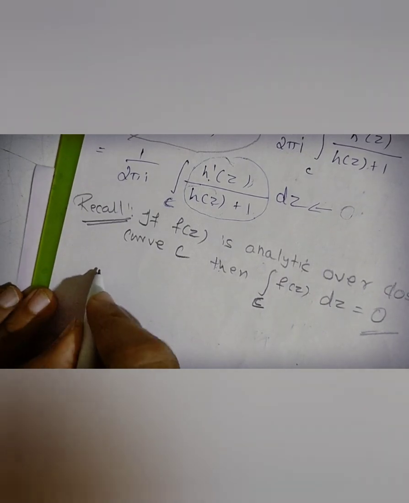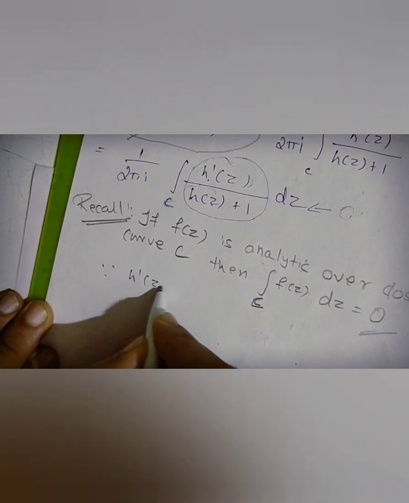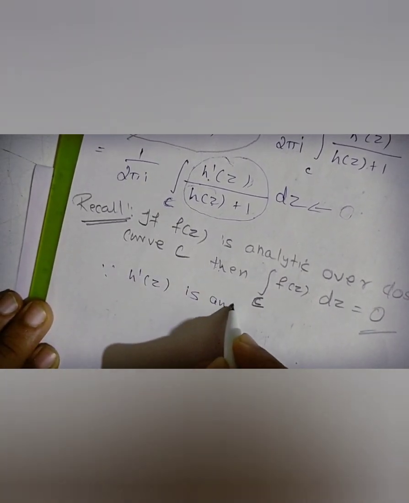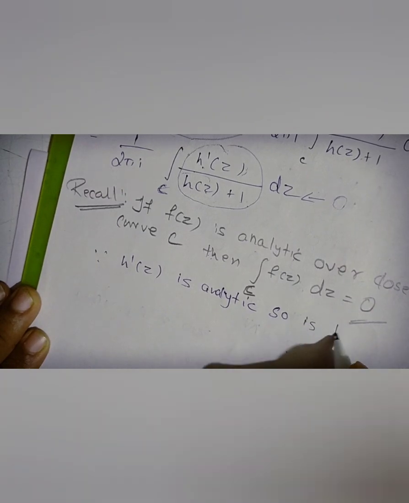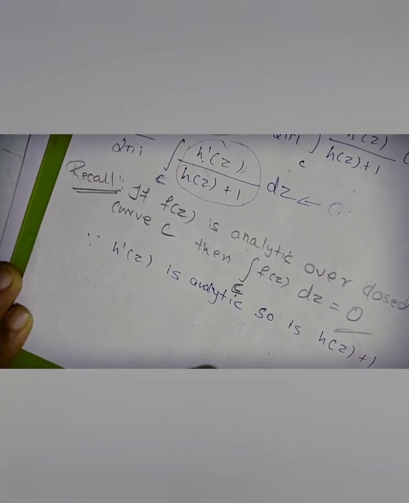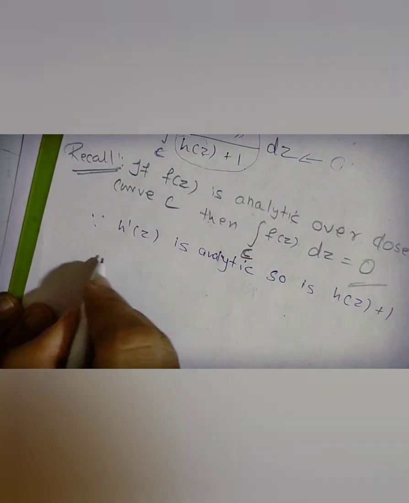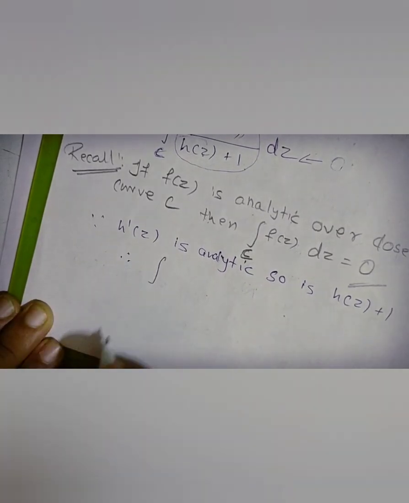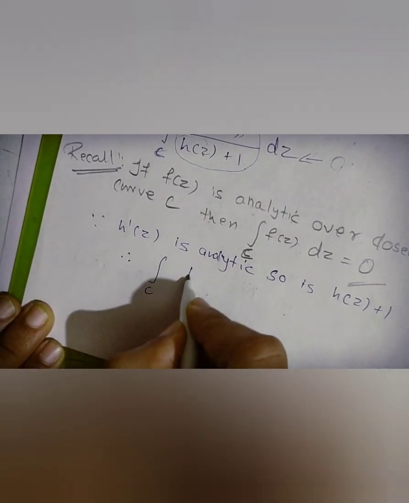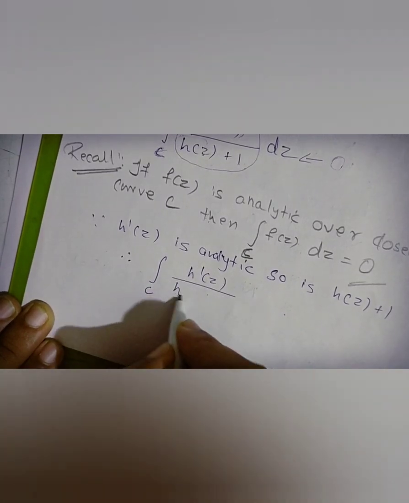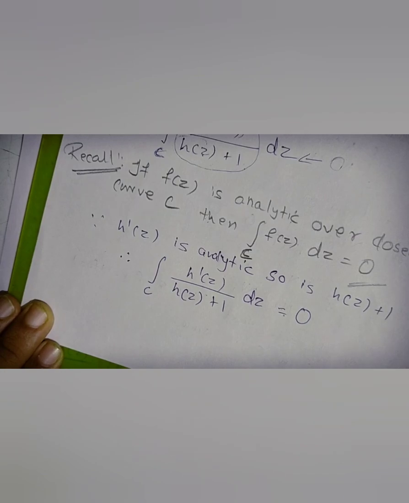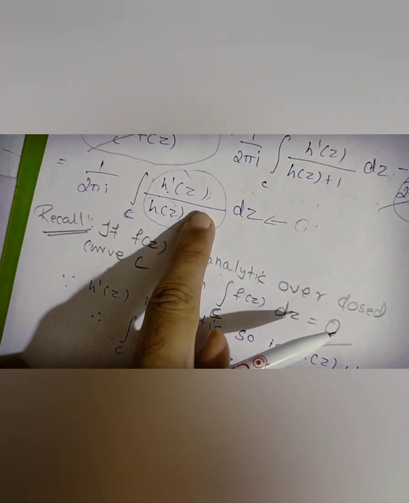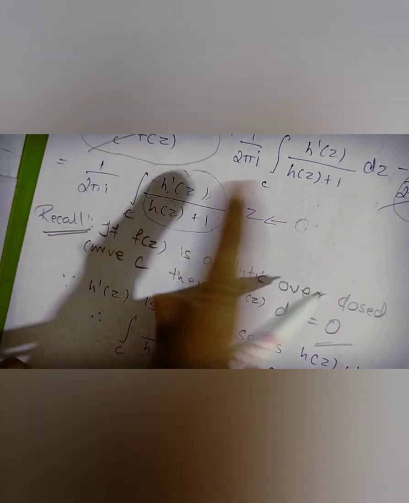Since h dash z is analytic, and h of z plus 1 is also analytic, therefore the integration over c of h dash z upon h of z plus 1 dz will have the value 0. If I put this 0 over here, we get 1 upon 2 pi i into 0, and that's our answer.